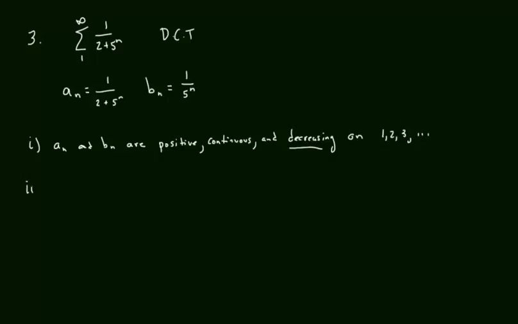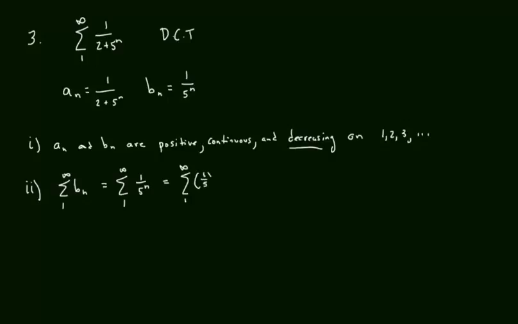In step 2, we're going to say that the sum from 1 to infinity of bn, the one that I chose, which is the sum from 1 to infinity of 1 over 5 to the n, does something. We should be able to tell by observation what this does. Maybe if I write it like this, you can see it a little more clearly.